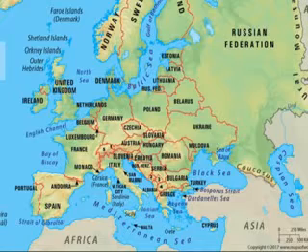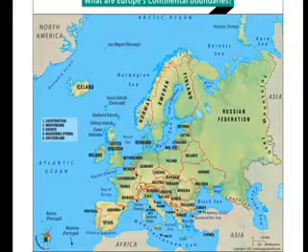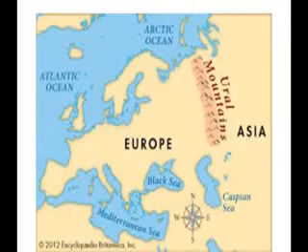And the Ural mountains form a natural boundary between Europe and Asia. You can observe here, Europe and the Asia continent are divided by the Ural mountain ranges.